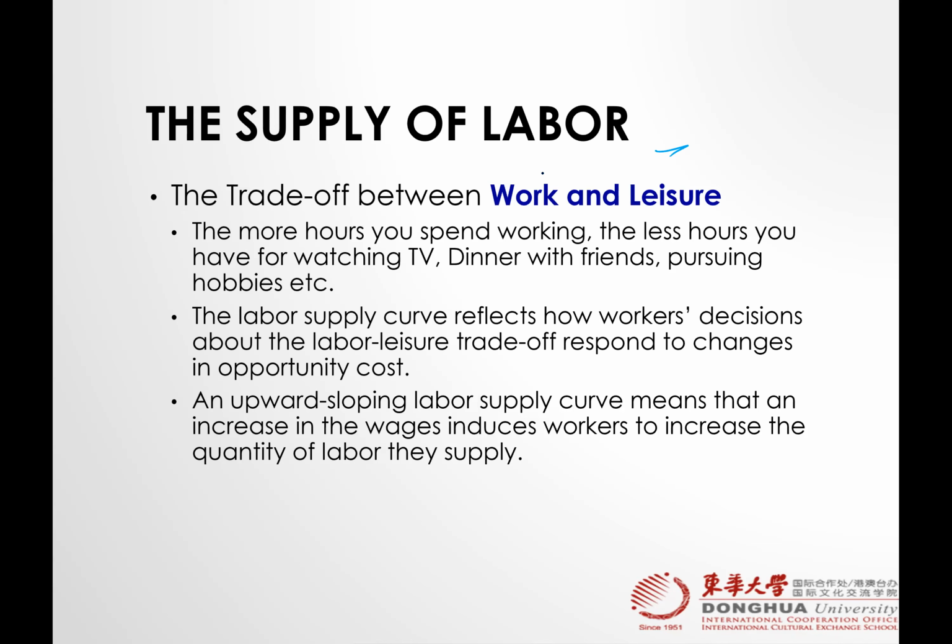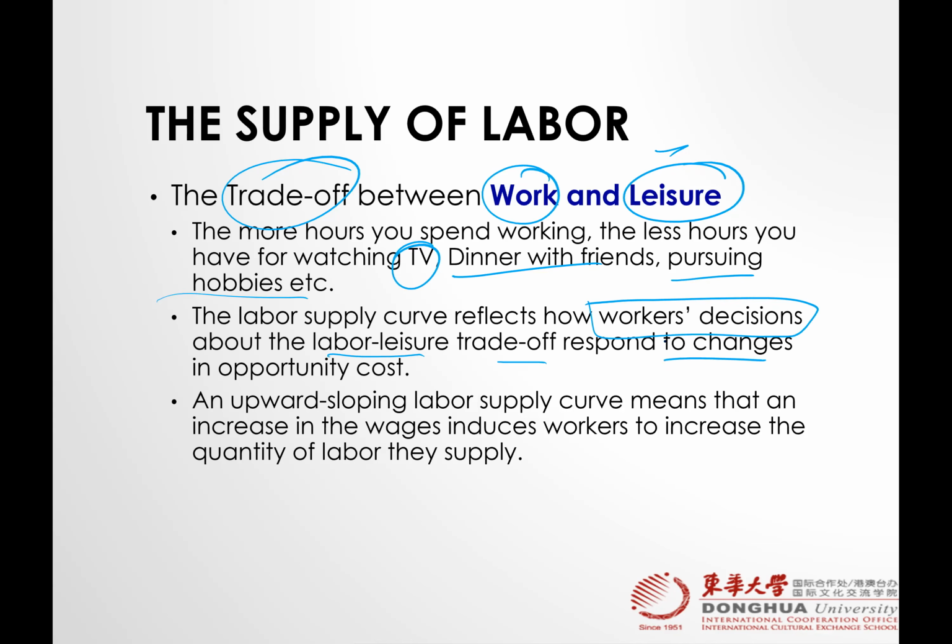Supply of labor depends upon the work and leisure trade-off, which means your choice of whether you want to spend more time for work or more time for leisure. Leisure can be like watching TV, dinner with friends, hobby, family time. So the labor supply curve reflects how workers' decisions about the labor-leisure trade-off respond to the change in opportunity cost. What does it mean?